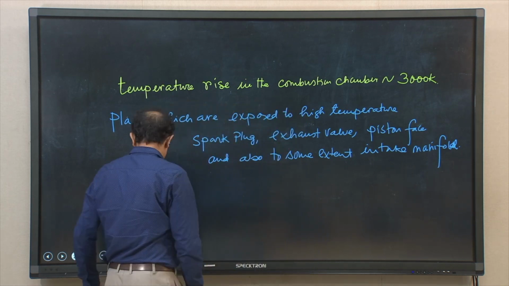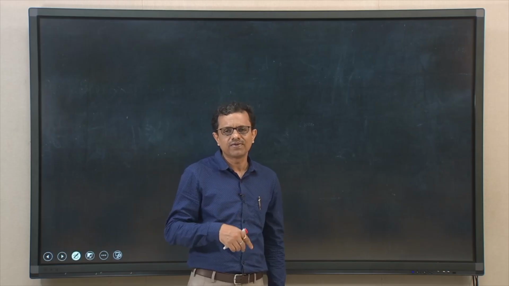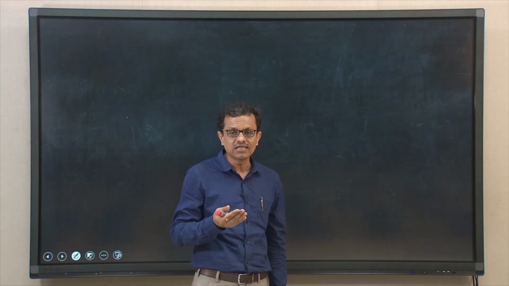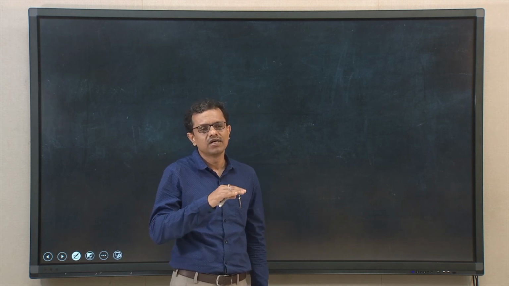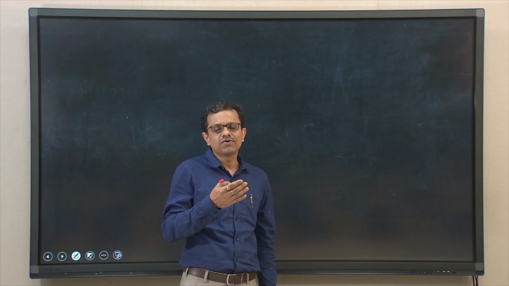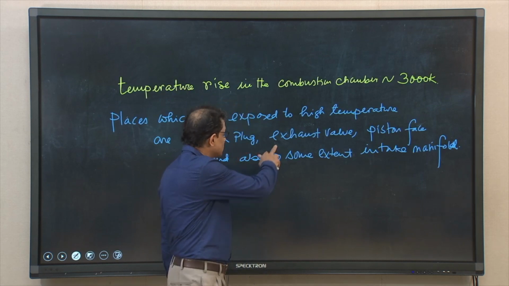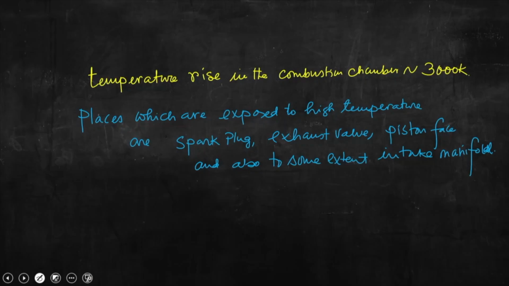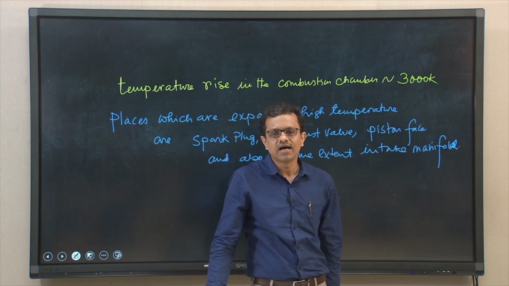So, then let us briefly discuss the energy transport, or a rough estimate of energy transport: what is the total amount of energy, and then the possible surfaces through which we can have thermal transport of heat, so as to prevent the engine cylinder and several other components like spark plug, exhaust valve and piston face, which is a very critical part of the engine, from being exposed to a very high temperature.